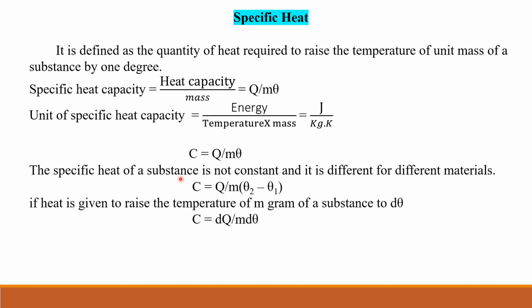The specific heat of a substance is not constant, and it is different for different materials. We are taking different types of materials, and the specific heat also differs. Suppose we are using a pan. One is a copper pan, another one is an aluminium pan.